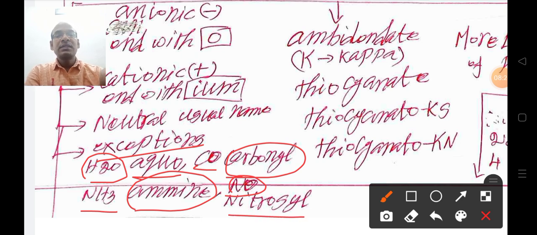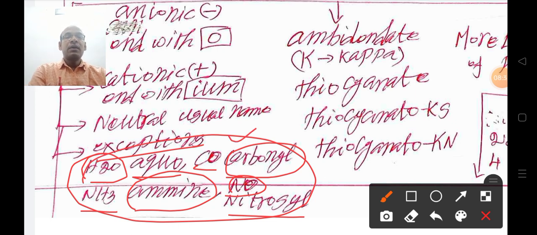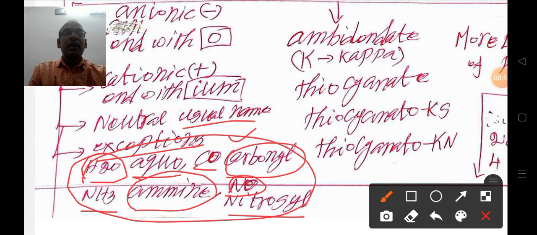These ligands are neutral ligands, and therefore the usual name applies, but in the case of H2O, CO, NH3 and NO, which are all neutral ligands, the exception is that special names are given.